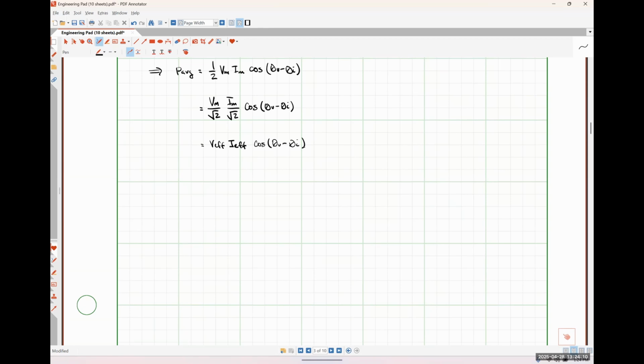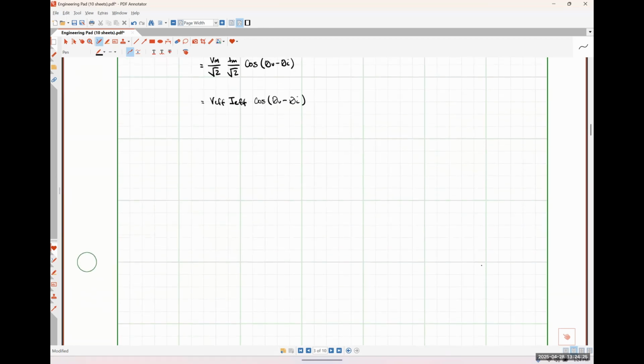Now, what's interesting about this result is that it is the real part of a complex multiplication. So I'm going to set that up really quickly, as a reminder.